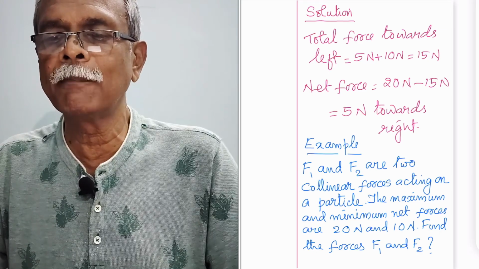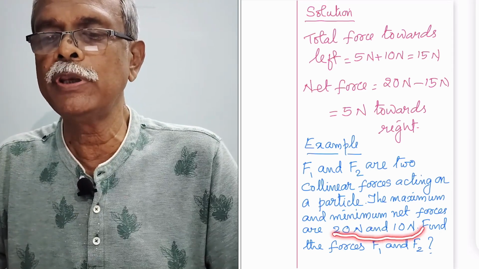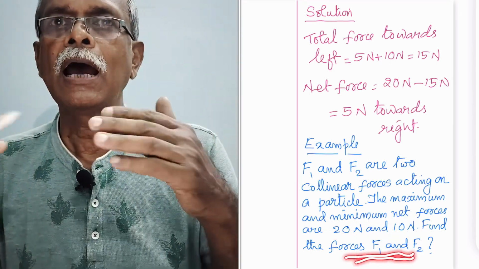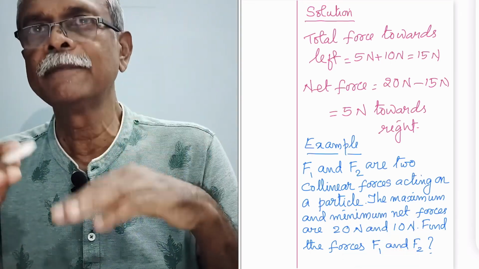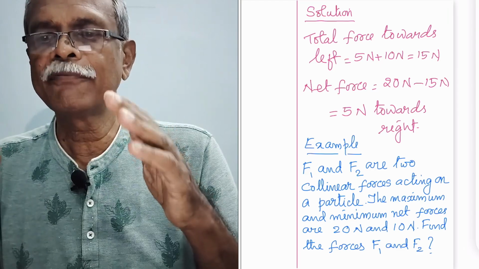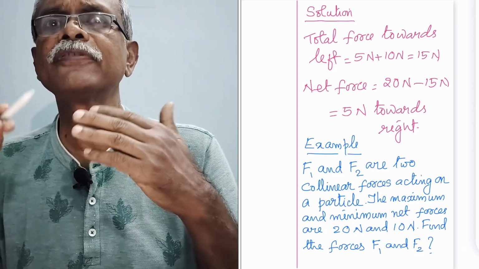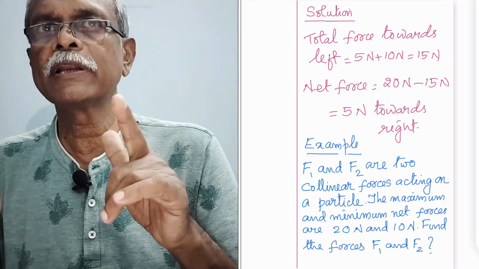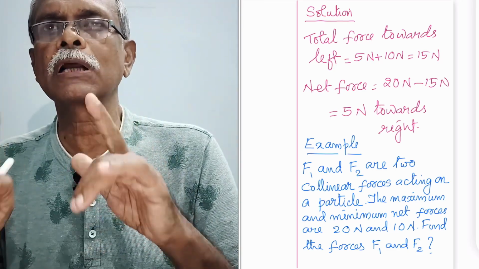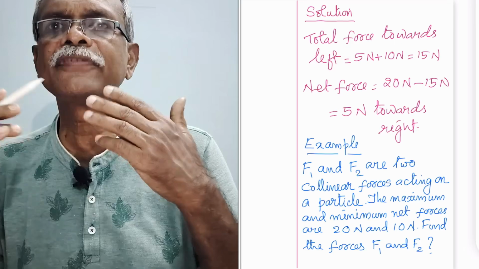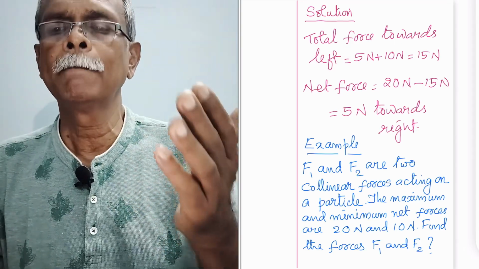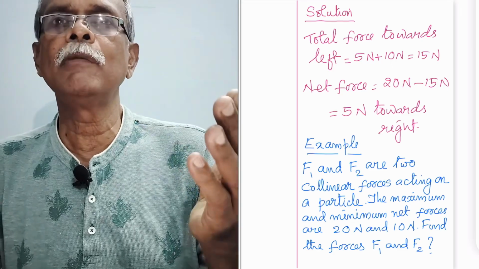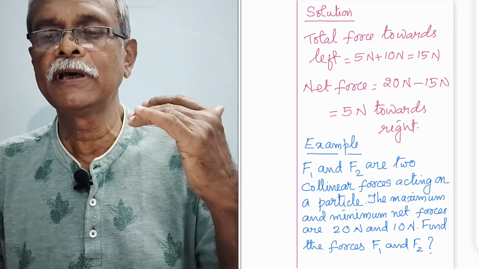When we are adding collinear vectors, say F1 and F2, the maximum value will be F1 plus F2, when the two vectors are combined together. And the minimum value will be F1 minus F2.